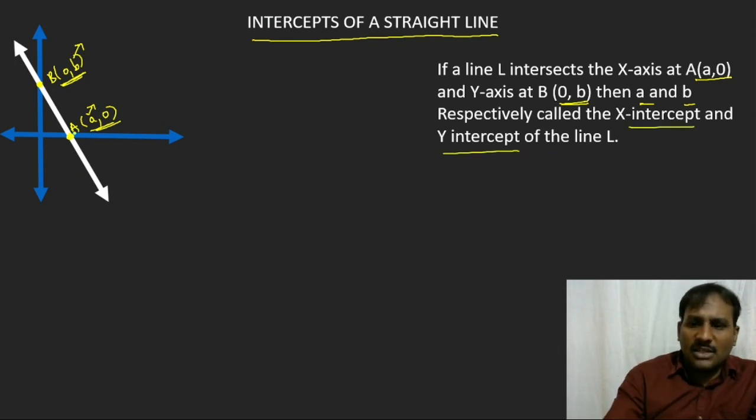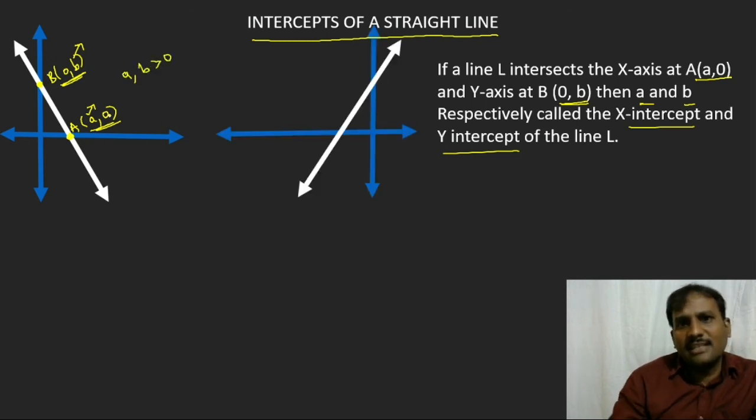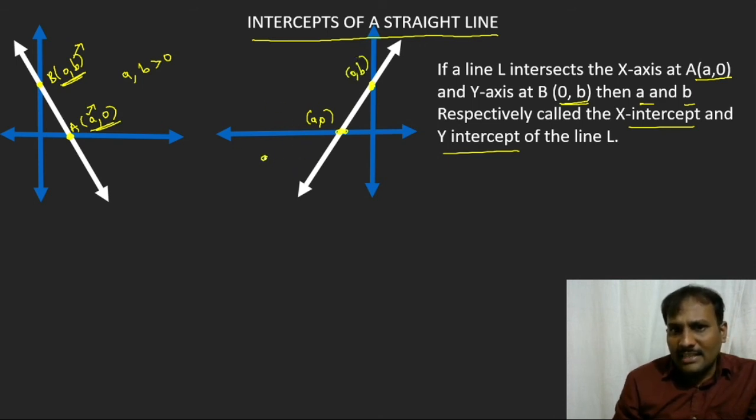So here in this case, the values of a and b are both positive, like a comma b both are greater than 0. Suppose let us say this is a comma 0 and 0 comma b. In this case here, a is less than 0 and b is greater than 0.